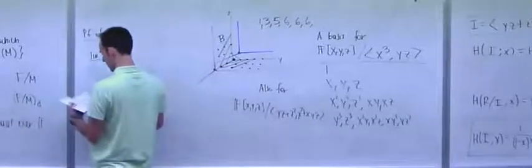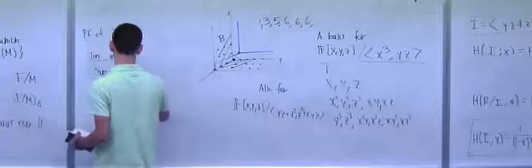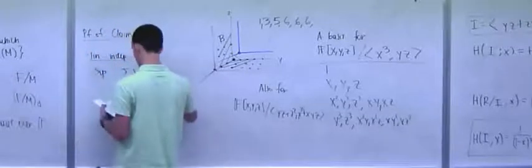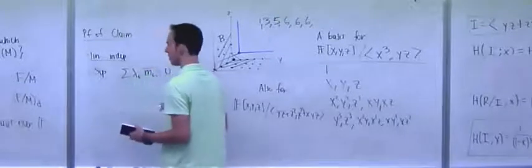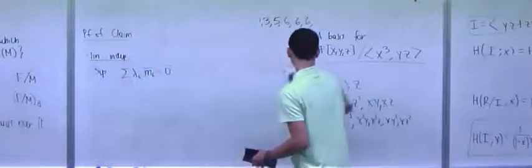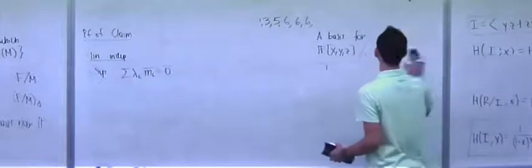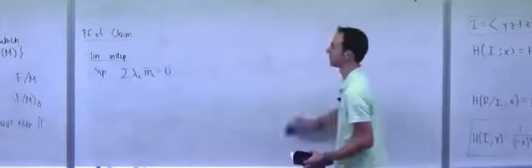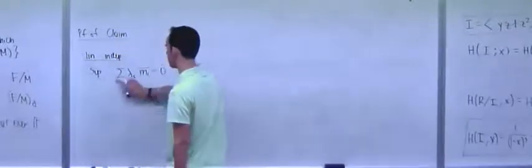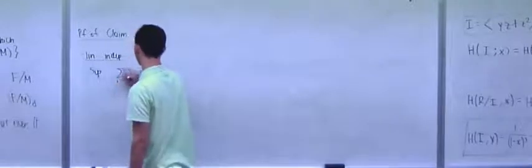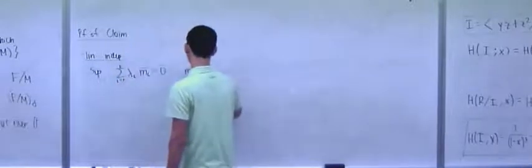Let's suppose that we have a linear relation that looks like this, the sum from i equals 1 to k, where m1 bar up to mk bar are inside B bar.